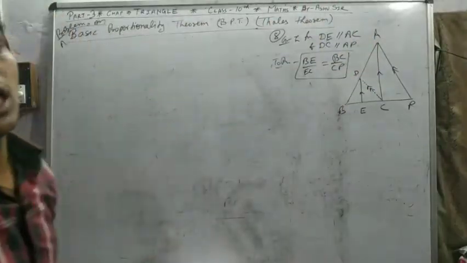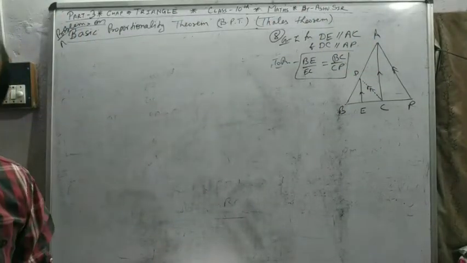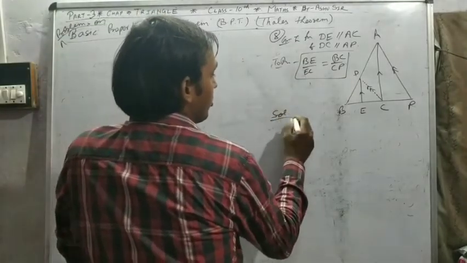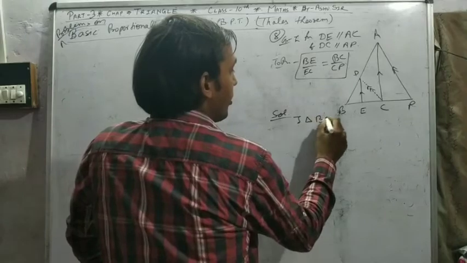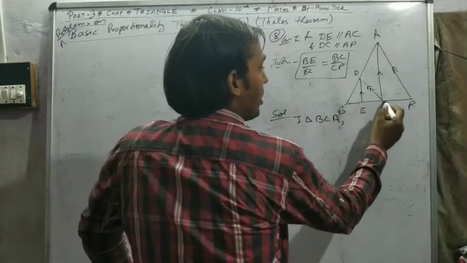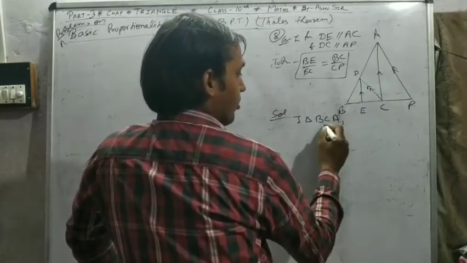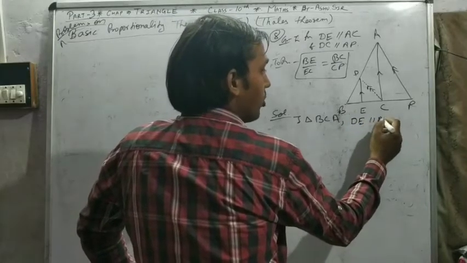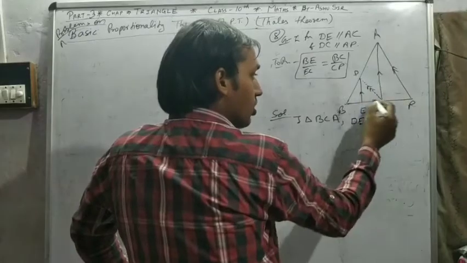Always we find the whole triangles with parallel line. So in the solution, in triangle BCA, what's parallel? DE parallel to AC. This parallel this.